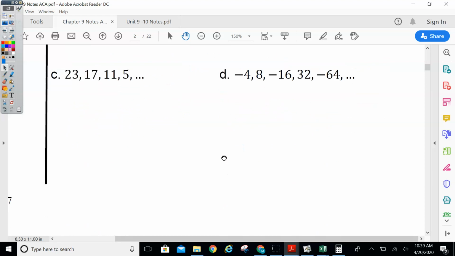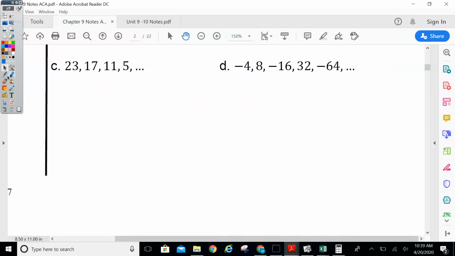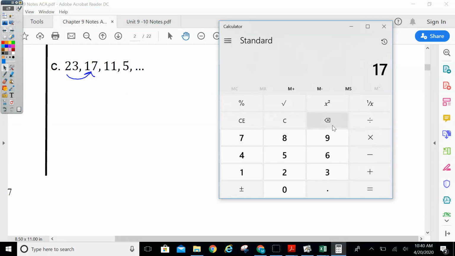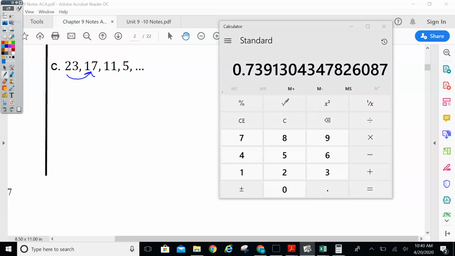Alright, bottom one. So from here, from 23 to 17, I gotta divide. So 17 divided by 23 is this decimal. So I'm going to round it here, but I'm going to know that I rounded.